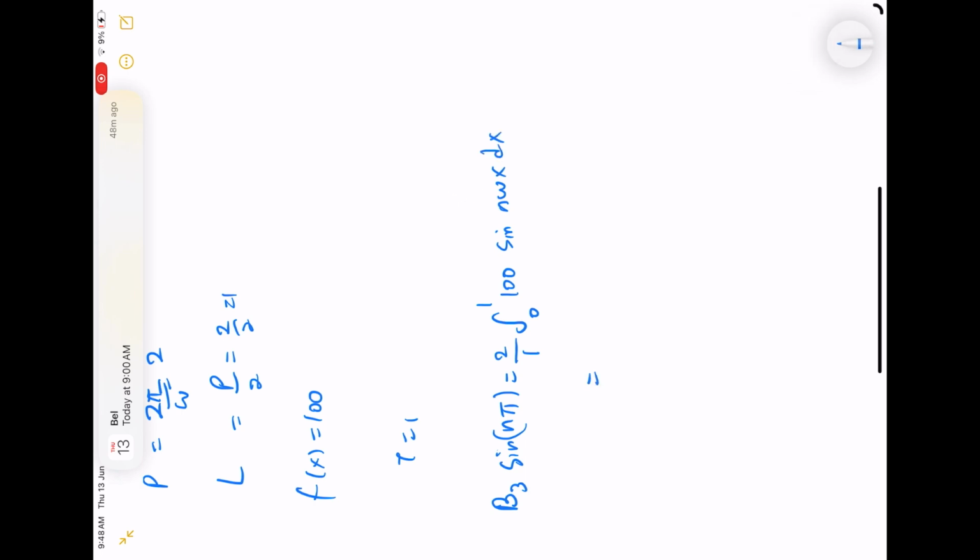So we get the value of our B3, the coefficient only, 200 over sine n pi, integration from 0 to 1, sine n w x dx.